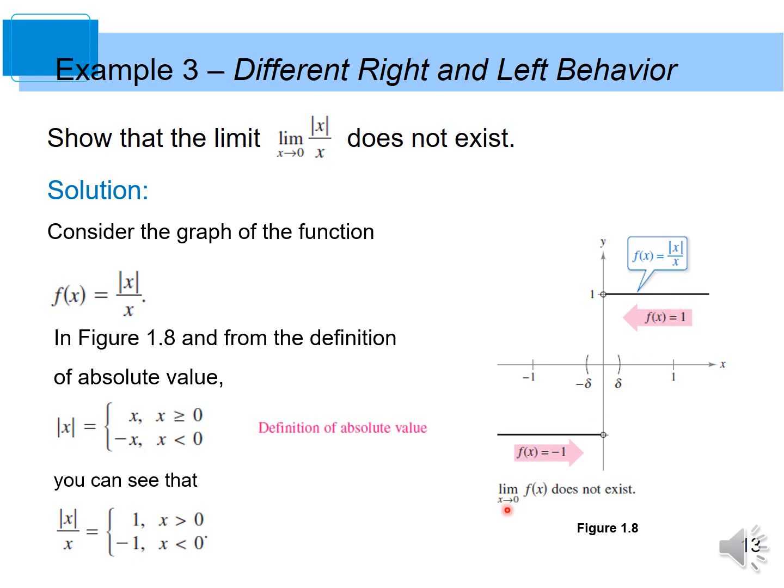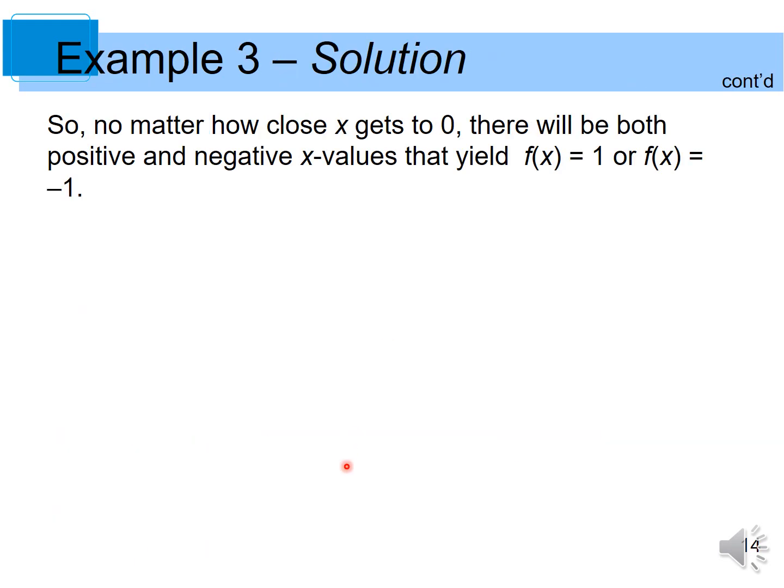So the limit of f(x) when x tends to 0 does not exist. No matter how close x gets to 0, there will be both positive and negative x values that produce f(x) equal to 1 and f(x) equal to negative 1.